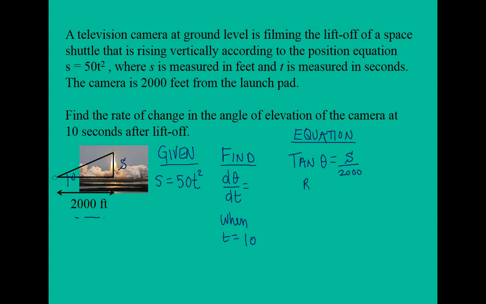So finding our related rate equation, we take the derivative: secant squared theta times d theta dt, and this would be 1 over 2000 times our ds dt. Looking at the triangle, we have this side is 2000.